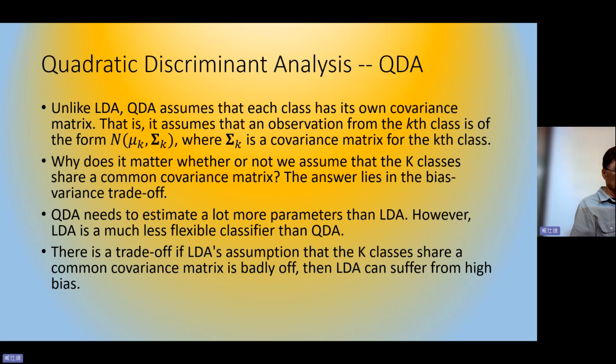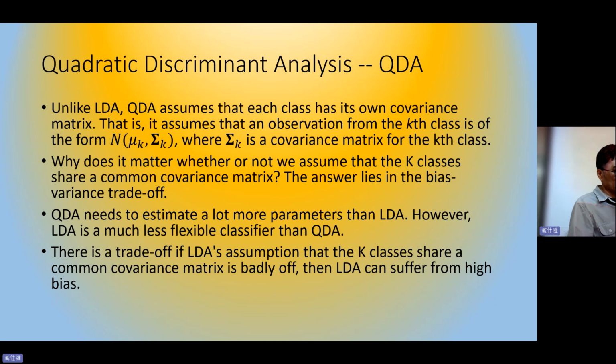covariance matrix. In LDA we are assuming they come from the same covariance matrix, but now maybe we have different covariance matrices. It's totally up to the number of observations, because we may need more observations to get a more precise estimation of QDA.